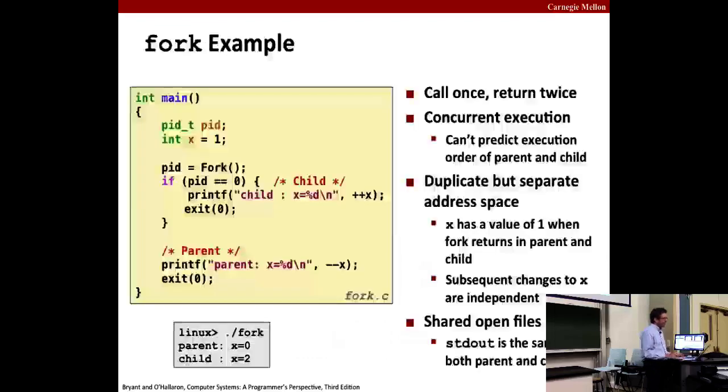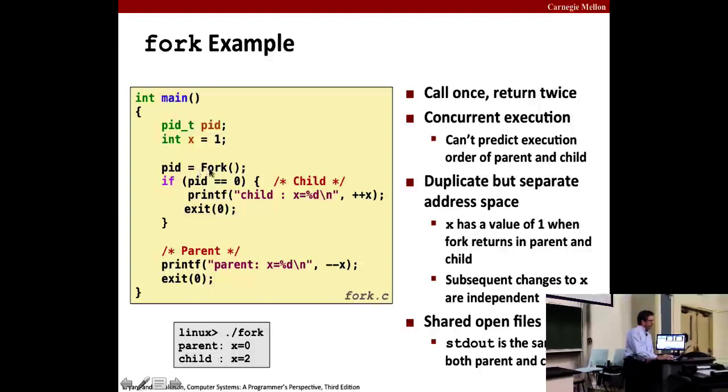Here's an example program that has a local variable called x on the stack, initialized to 1. Then it calls fork, and fork creates the child and returns a value to both the parent and the child. The only way we can distinguish whether we're executing in the parent or the child is to check that return value.